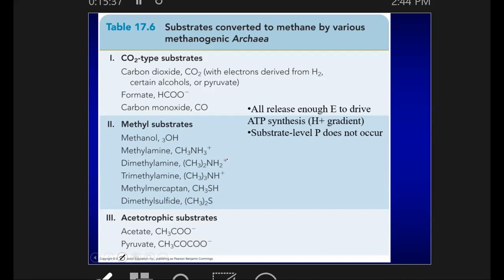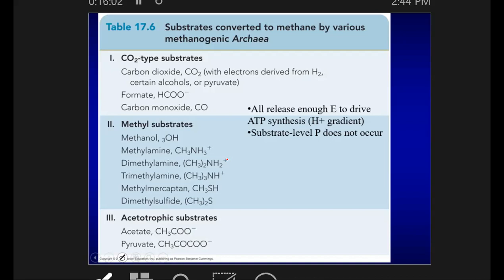But no matter which one they're using, whether it's carbon dioxide or something else, basically what they're doing is running an electron transport chain process. And that's going to get them their proton gradient. Remember, it's linked: electron transport chain, proton gradient. And even though they're in anoxic environments, they haven't discovered any doing substrate level phosphorylation.